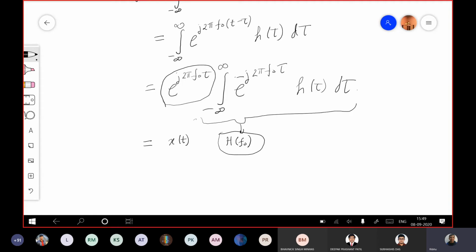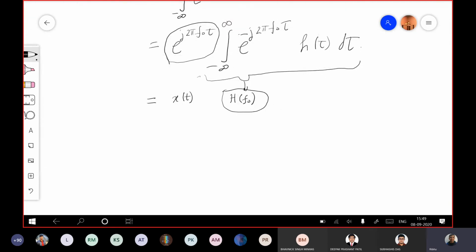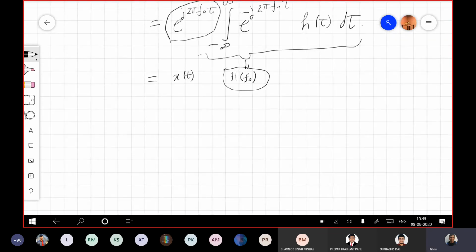If it's an integrator, you will get the integration. But the complex sinusoid is one such beast. You feed it to any linear time invariant system, and you will get the complex sinusoid back at the same frequency, multiplied by something. So this is one property of linear time invariant systems and complex sinusoids.